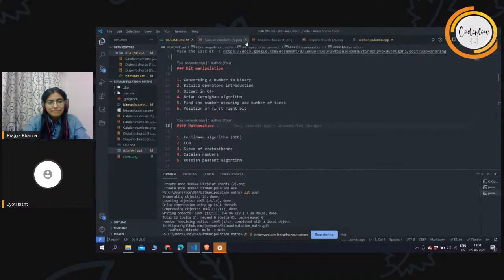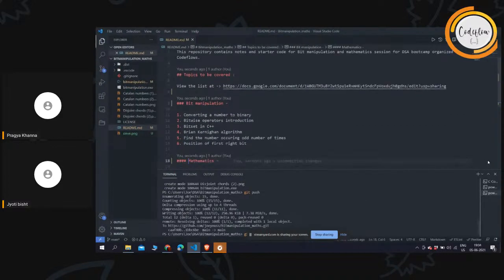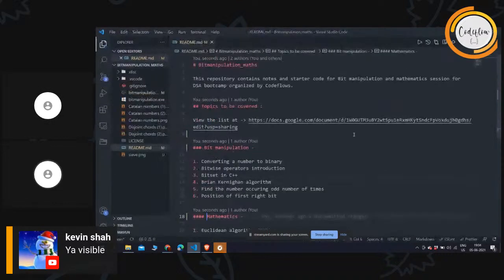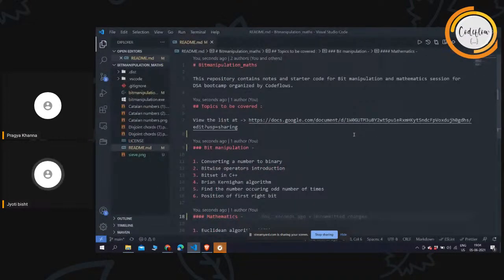My code editor is visible. I'll just increase the font size so that it's better visible.